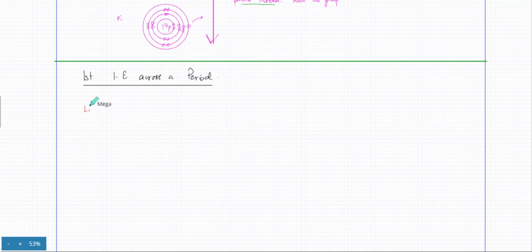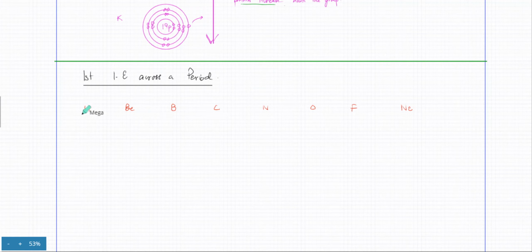There is lithium, then beryllium, then boron, and then you have carbon and nitrogen and oxygen and fluorine and neon. So these are all the elements in the second period.